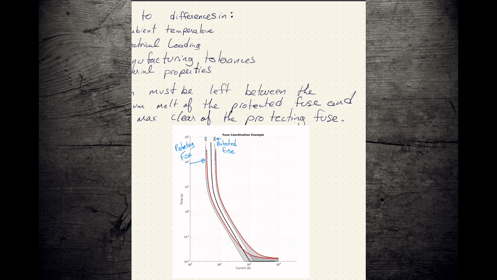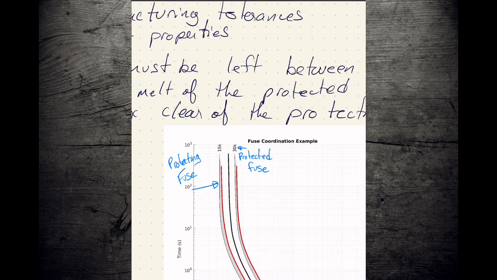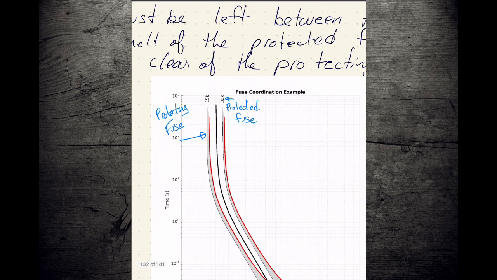Now, this line here represents the amount of margin that we have to allow to make sure that all of these conditions are met. So this is our coordination margin.